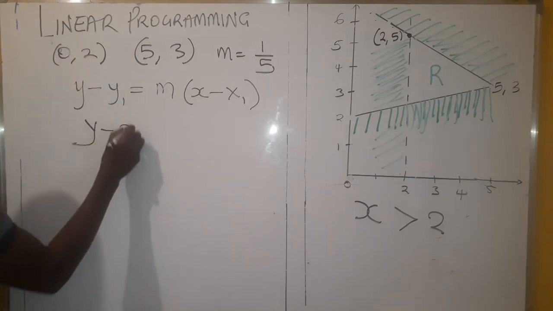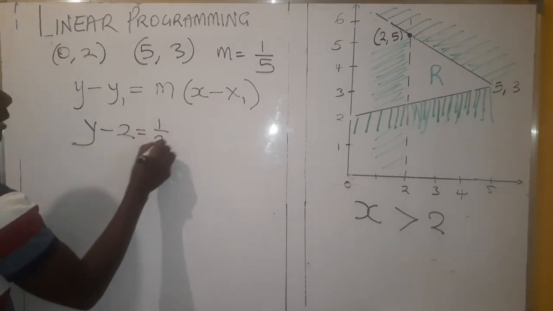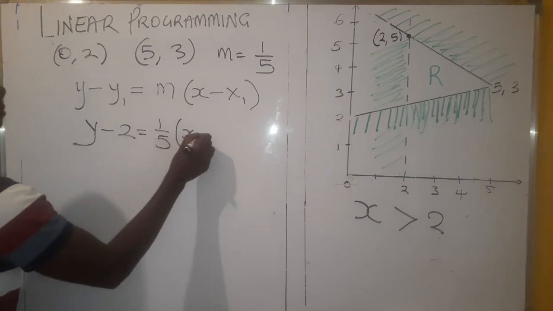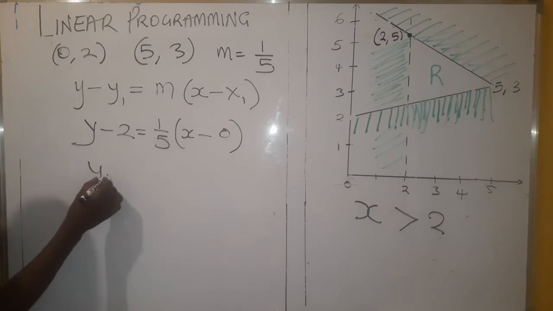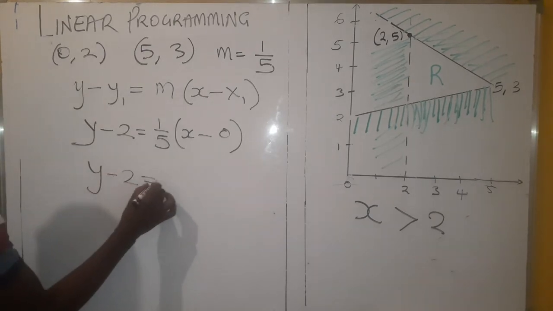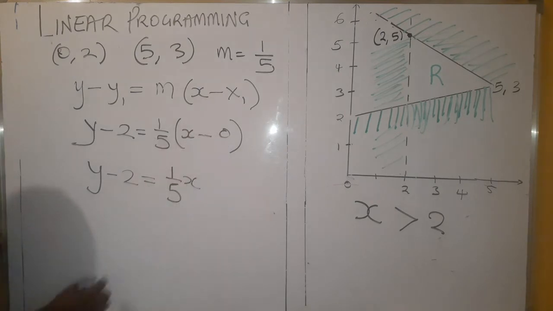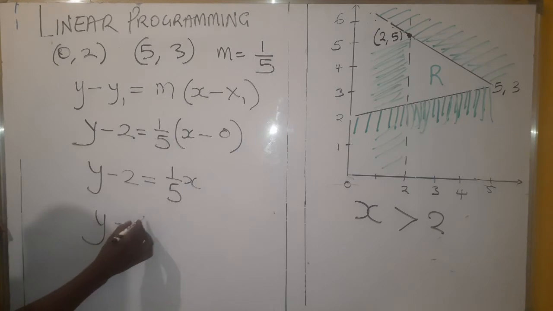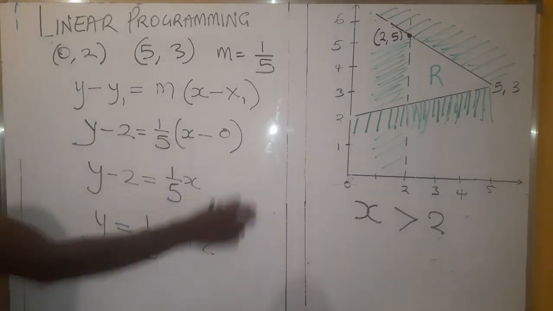Y minus 2 is equal to 1 over 5 times x minus 0. So y minus 2 is equal to 1 over 5x. Then we have y is equal to 1 over 5x plus 2.